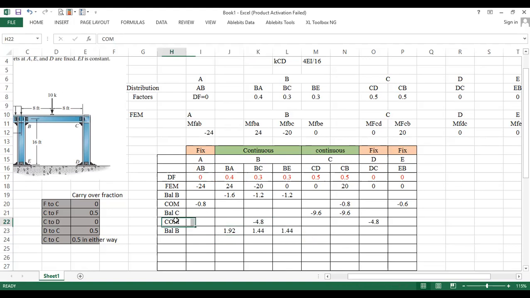So you have to carry over. I just copy the formula.